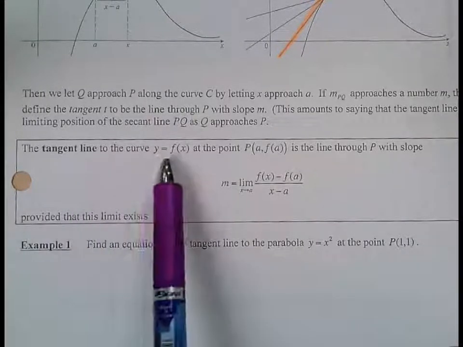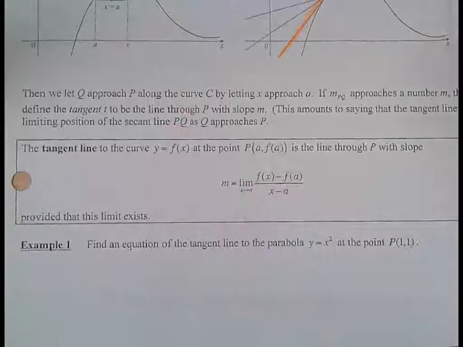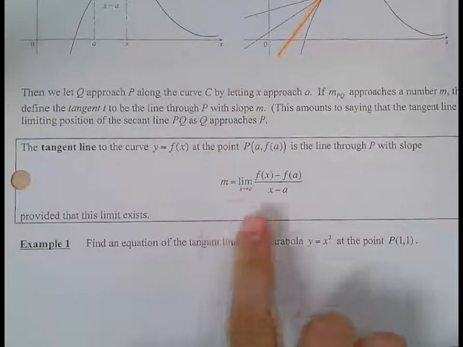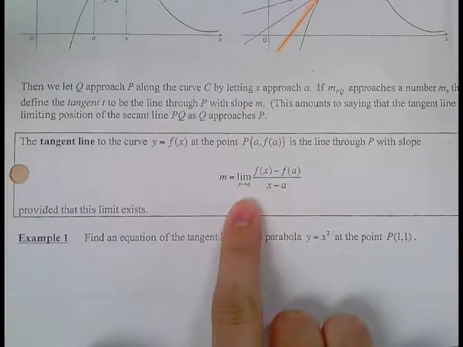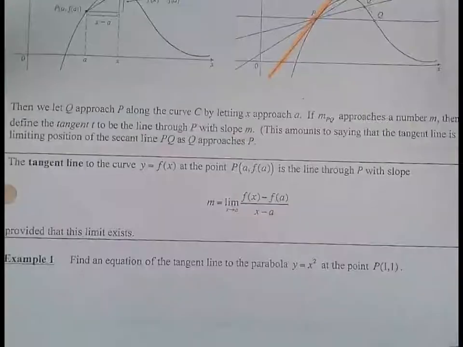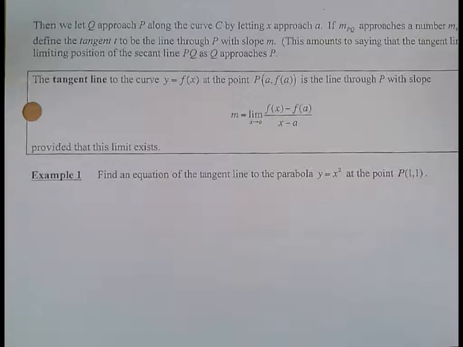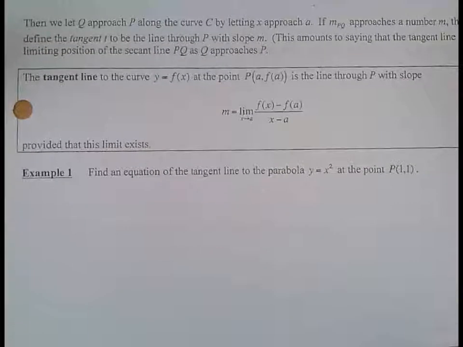So the tangent line to a curve y equals f of x at the point P with coordinates A, f of A is the line through point P with this slope, and to find the slope you calculate the limit as x approaches A of your secant slopes, f of x minus f of A over x minus A, provided that the limit exists. If the limit doesn't exist, that means there isn't a tangent line because the slope of the tangent line is that limit.